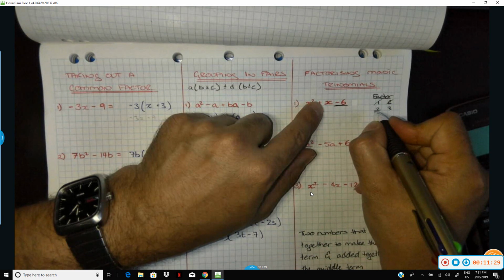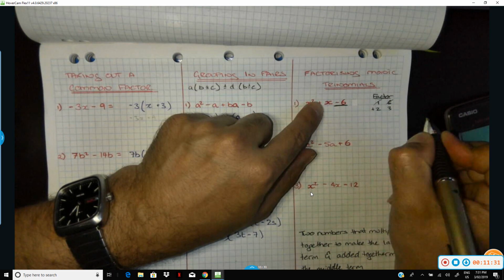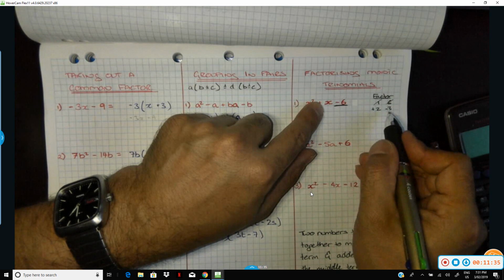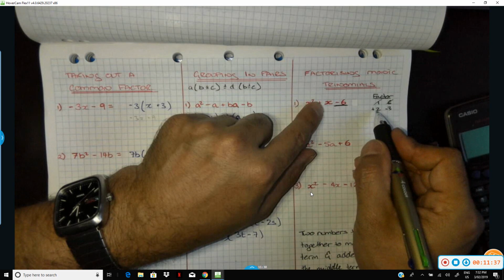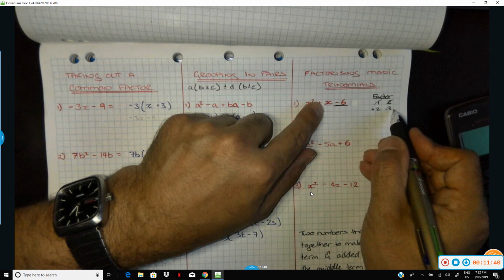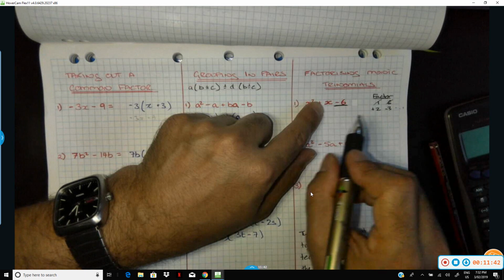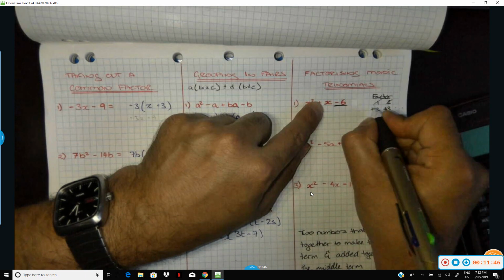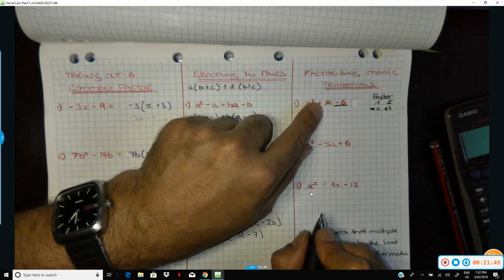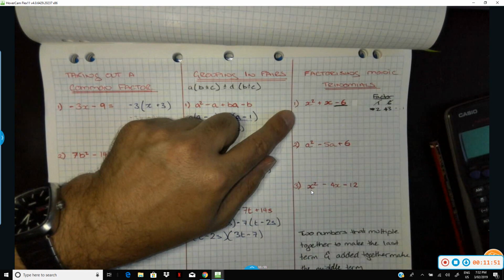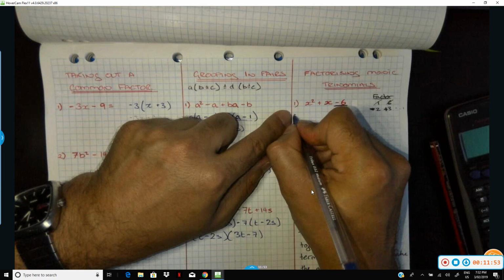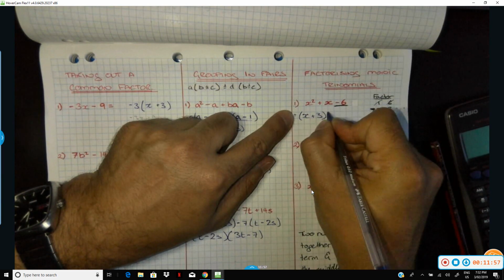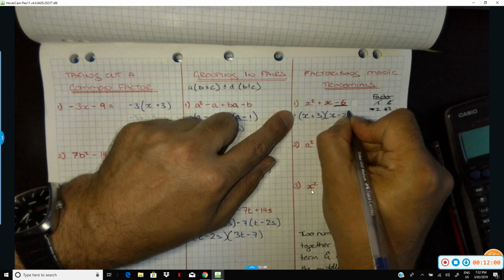If we had a +2 and a -3, multiplied together would make -6, but 2 minus 3 equals -1. And we actually want positive. So it's going to have to be the opposite way. We're going to have +3 and we want a -2. Yeah, so this solution is x plus 3, x minus 2.